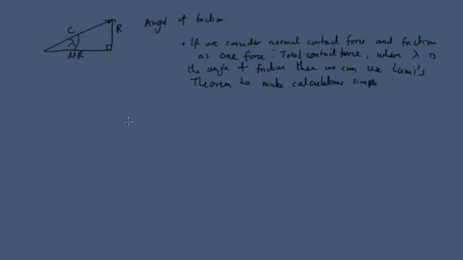So let's consider a simple situation where we've got some box on a slope, and we pull it with a string at some tension T, parallel to the horizontal, so friction is going to act in this direction, and we'll have the contact force up this way and the weight acting down.